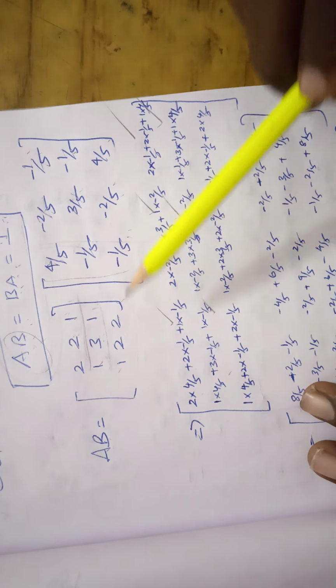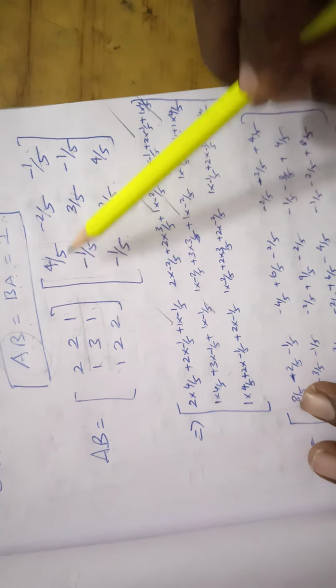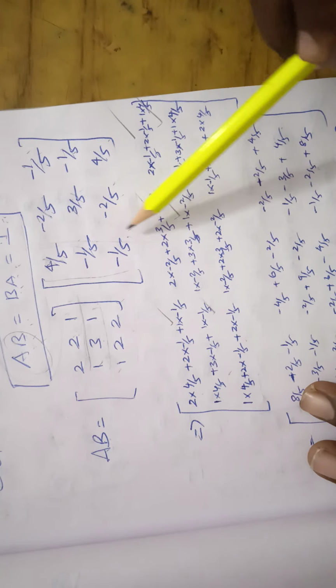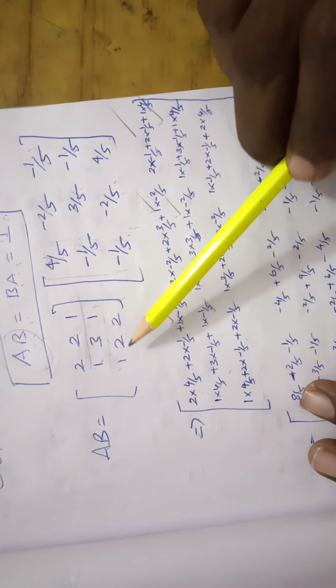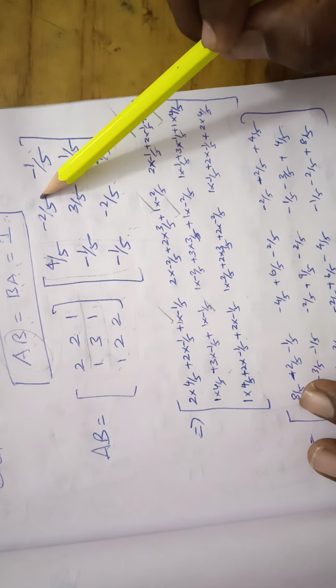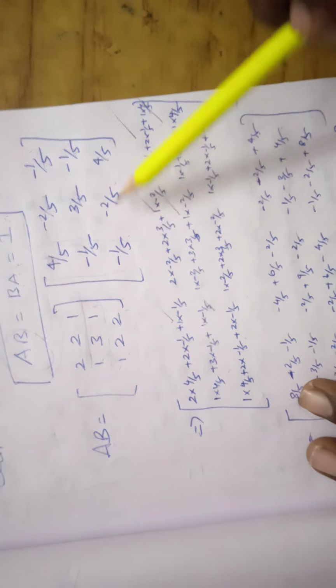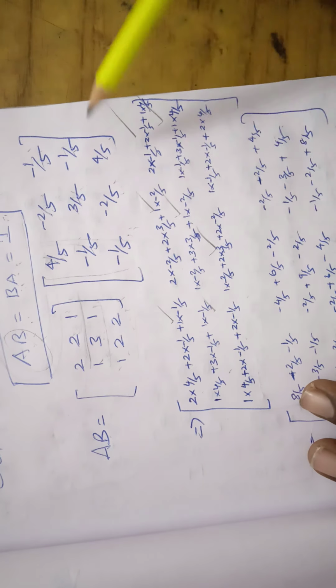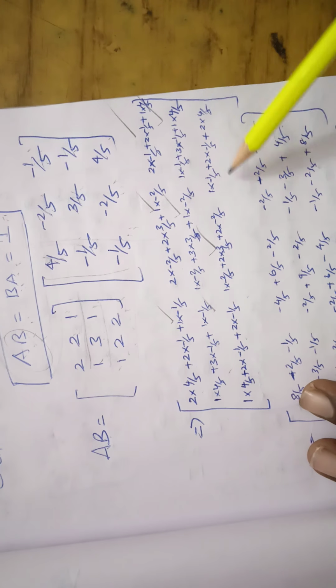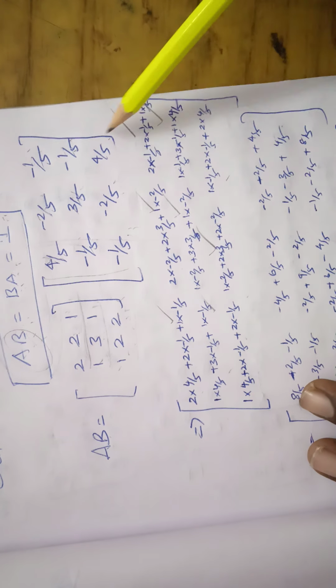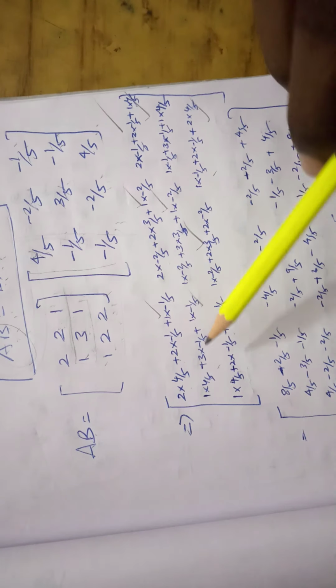Third row multiplying by first column: 1 into 4 by 5, 2 into minus 1 by 5 and 2 into minus 1 by 5, 1 into minus 2 by 5 and 2 into 3 by 5 and 2 into minus 2 by 5. The last one is 1 into minus 1 by 5, 2 into minus 1 by 5 and 2 into 4 by 5.